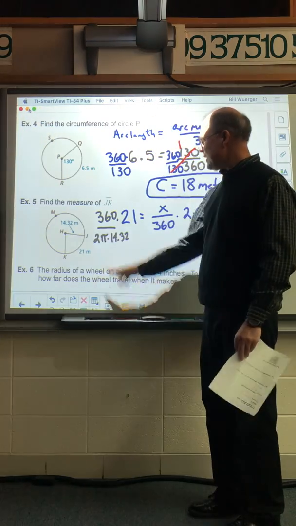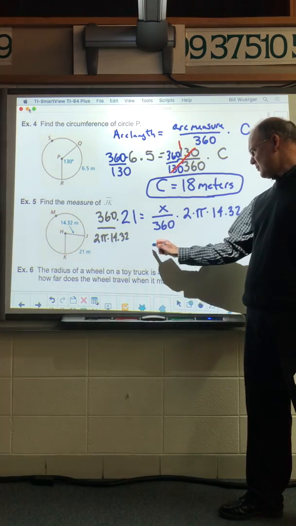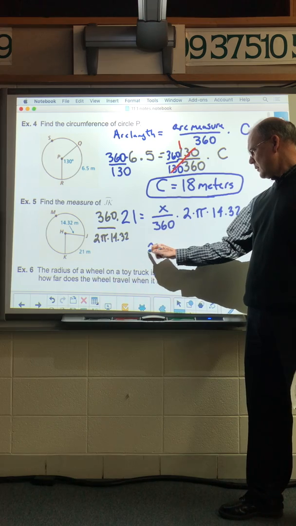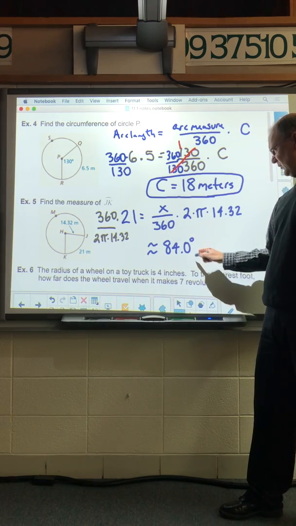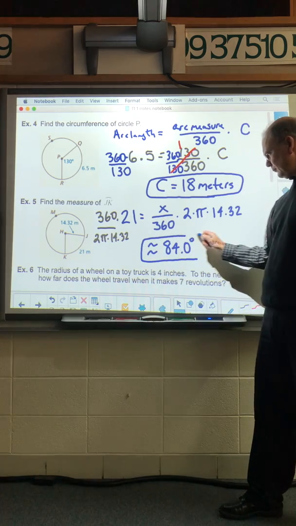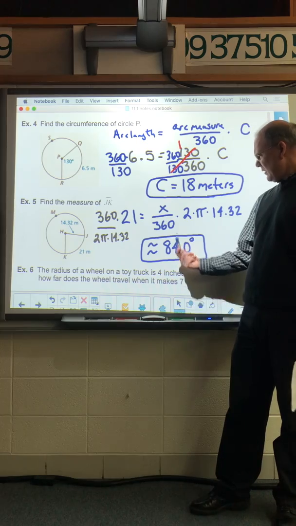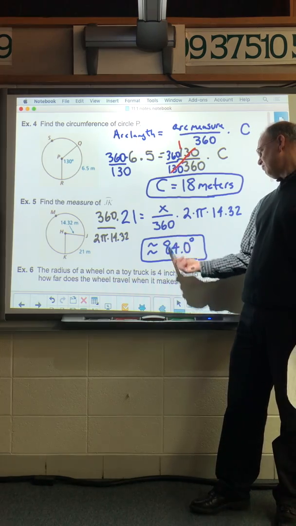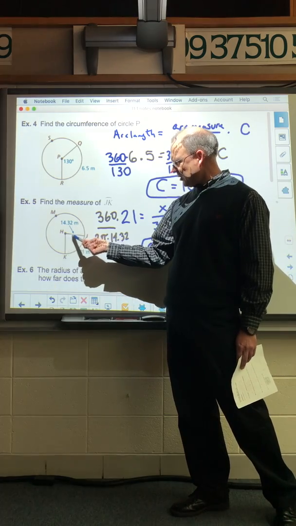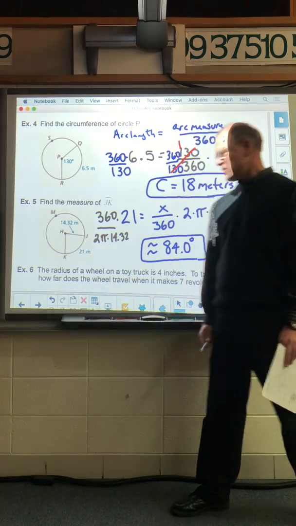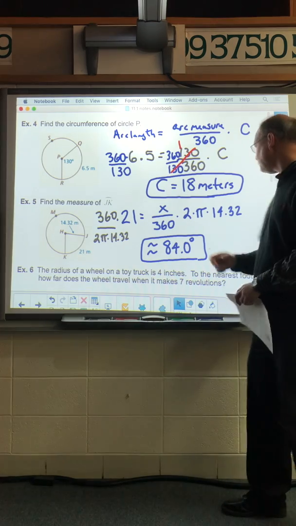Okay, so that's degrees. So that arc is approximately 84.0 degrees. Which looks about right. 84 is pretty close to 90. That looks pretty close to a right angle. So that seems to make sense.